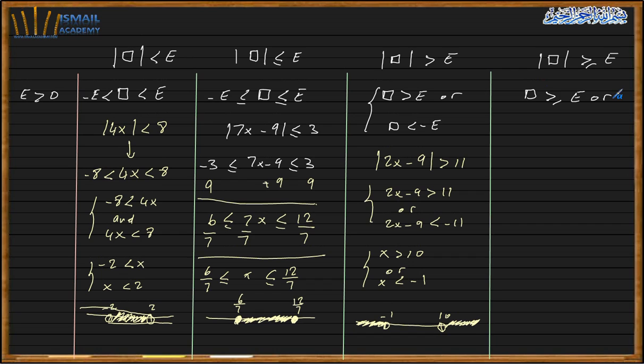For example, 4x minus 11 is greater than or equal to something, or less than or equal to minus 7. When I solve each inequality, I will end up having x here.